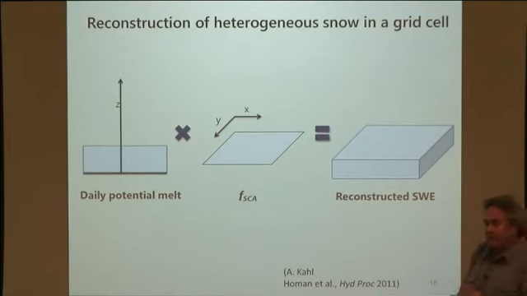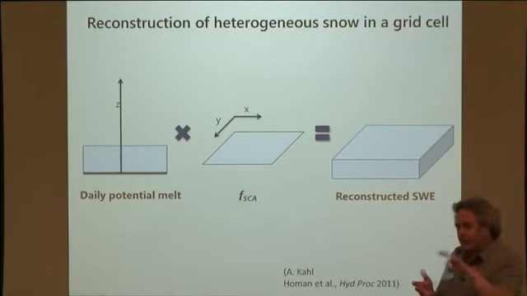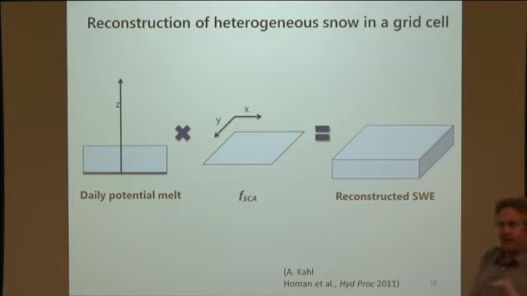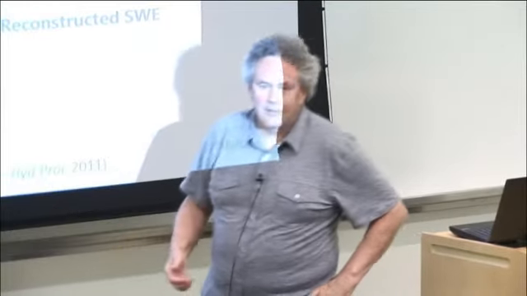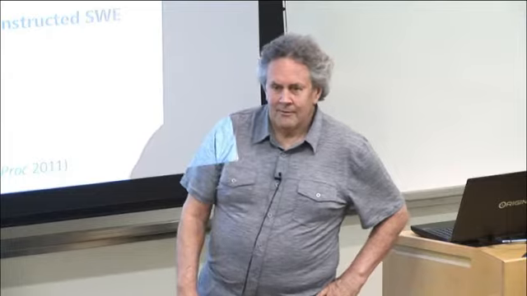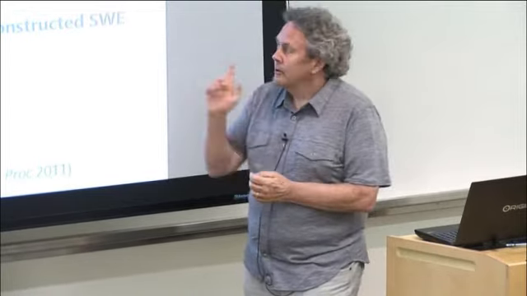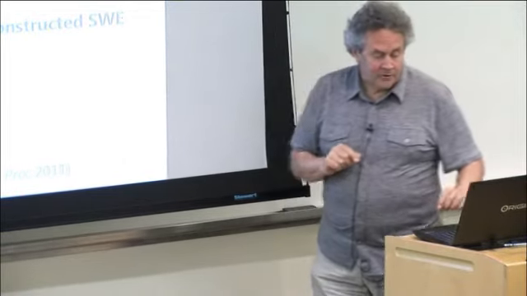And if the snow all disappeared at the same time over some number of days, we could just back calculate and figure out how much there was. So if I start out with all snow cover and I'm calculating we're melting 10 millimeters a day and in 20 days it's all gone, well, I can just do the multiplication and I know how much there was to start with.